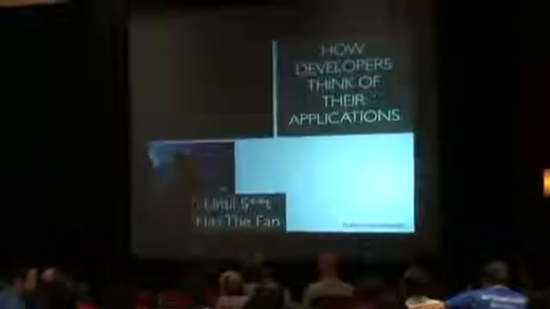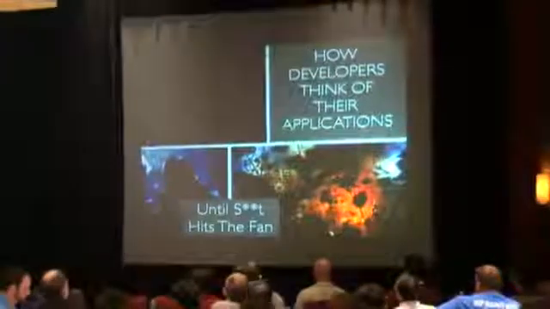And this is how the software industry thinks of their applications. As long as they have firewalls and as long as they have all those tools, they are okay. Until one ugly-looking orc finds a small hole in the wall, and then shit hits the fan, right?